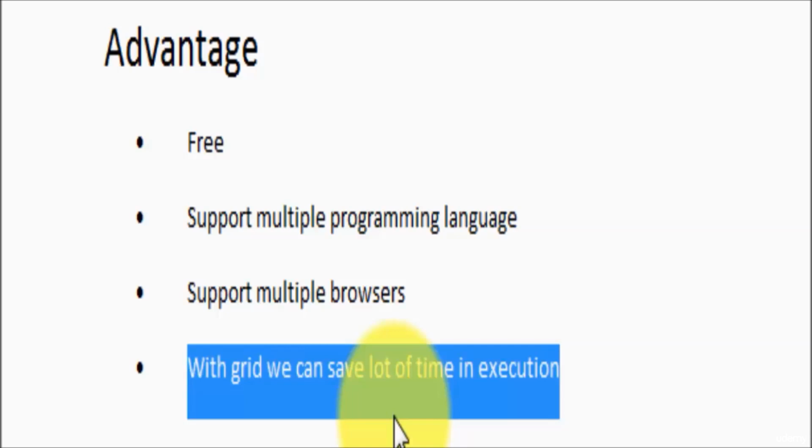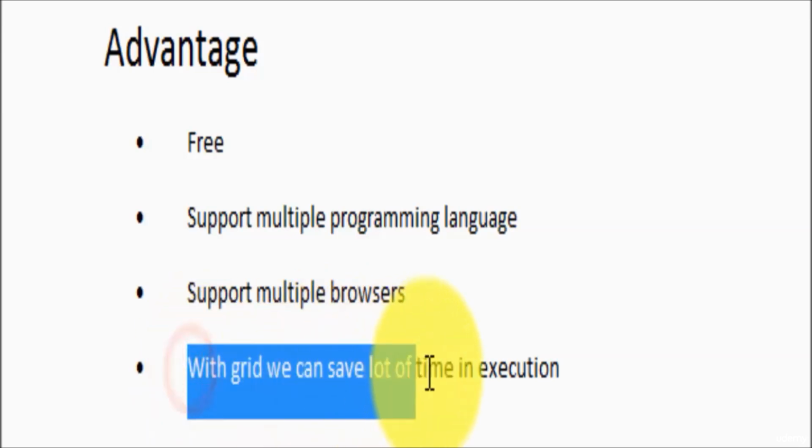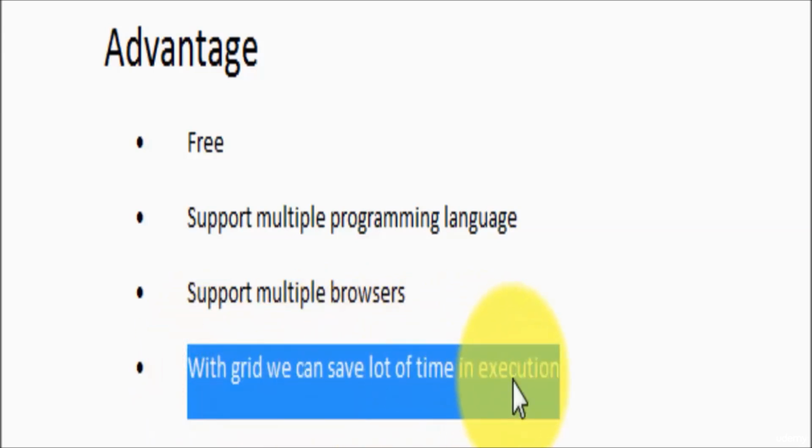Now, if I execute all the 100 test cases in sequential manner, it's going to take 100 minutes. But with the help of the Grid, we can execute multiple test cases in parallel. So if we execute 4 test cases in parallel, ultimately my total execution will complete in 25 minutes. That's the biggest saving in terms of time. Before it was taking 100 minutes to execute, now it's taking only 25 minutes. So we can save a lot of time in execution.